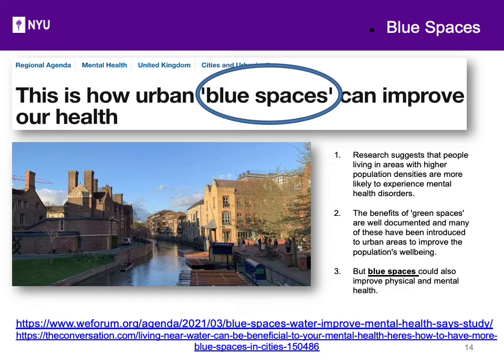Green spaces are parks and other areas. But we also know that there is the ability to use blue spaces to improve physical and mental well-being. Blue spaces include ponds, rivers, lakes, and other areas. So the evidence suggests that blue spaces should also be part of urban surroundings and settings, and that is becoming a new area of focus in urban settings too.